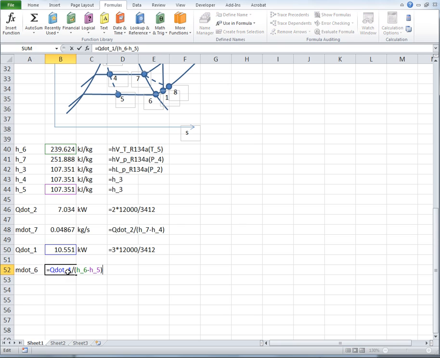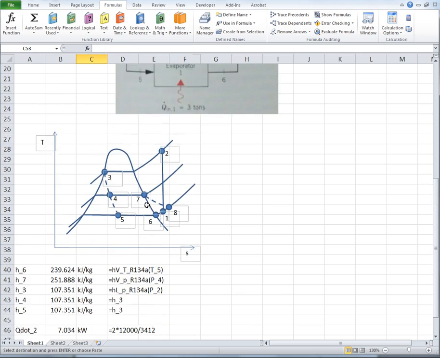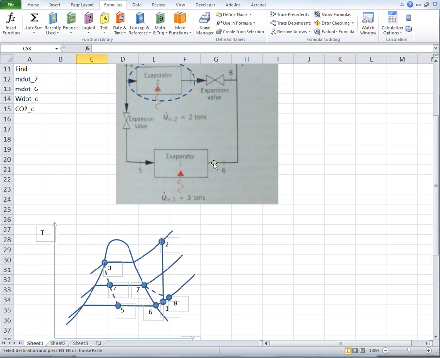Perfect. So those are the mass flow rates that are required in order to give us the evaporation across the cooling capacity that we want here.